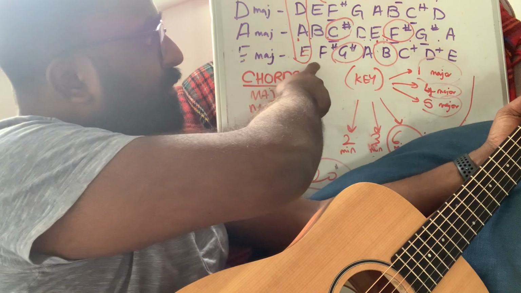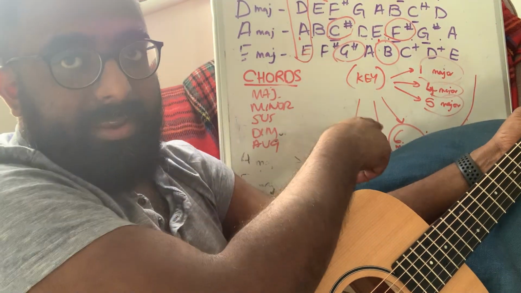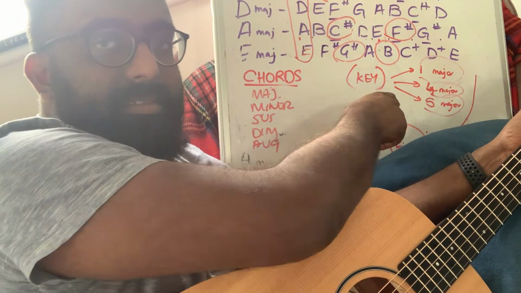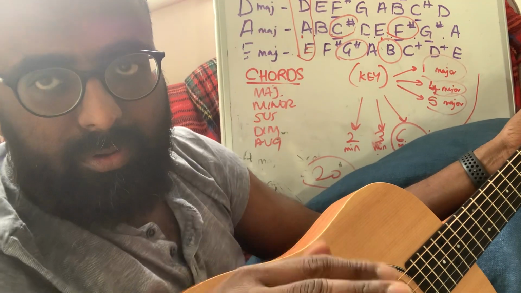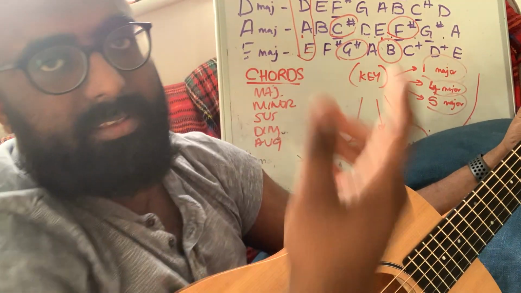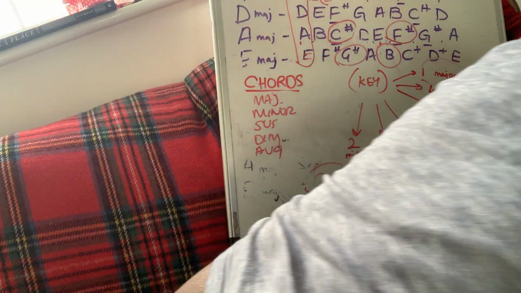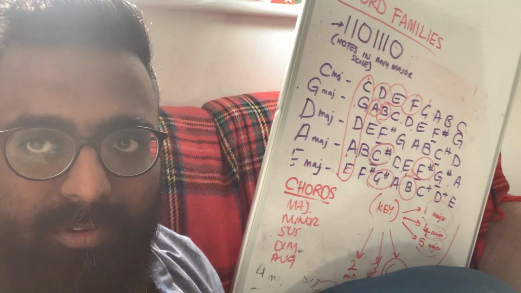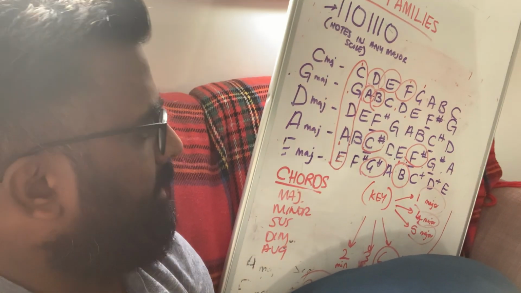So for the first note you get a major chord, for the second note you get a minor chord, third note a minor chord, fourth note a major chord, fifth note a major chord, sixth note a minor chord, the seventh note we said we won't talk about now, and then the eighth obviously is the root again. Okay, so that is a little understanding of chord families. I really hope I've made sense. If it wasn't clear, I'm happy to do this entire lesson again using different language.